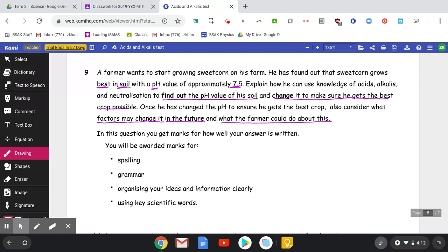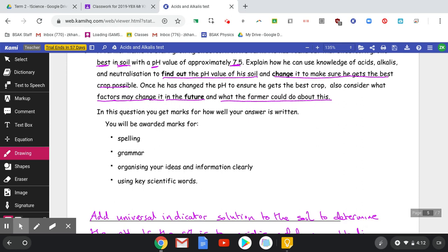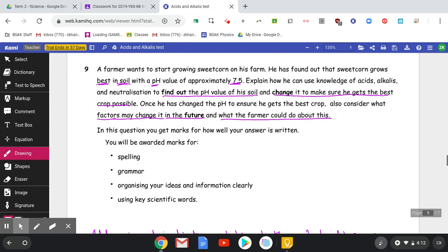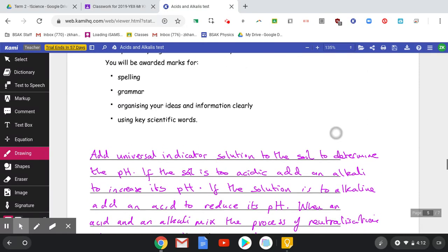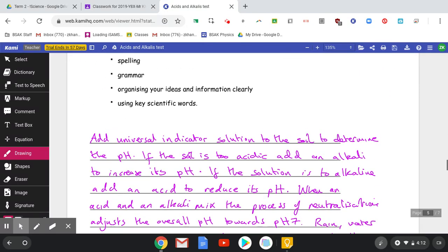So the soil is at 7.5. The third point is discuss what factors might change the soil's pH naturally and what we can do about that to ensure that the pH is going to remain at 7.5.